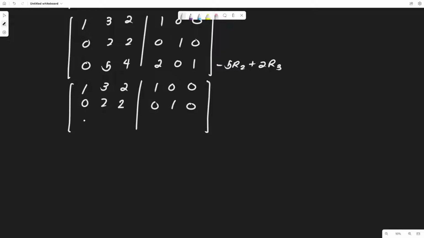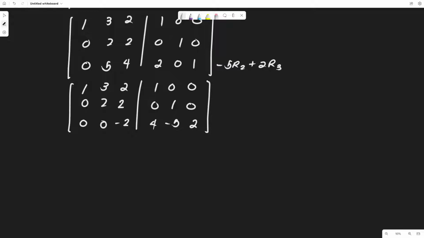So, obviously, this will become 0. Then negative 10 plus 10 is 0. So we have negative 10 plus 8, so that is negative 2. Then 2 times 2 is 4. Then negative 5 plus 0 is negative 5. Then we have 0 plus 2 is 2.